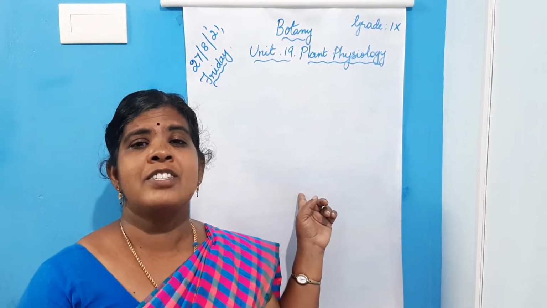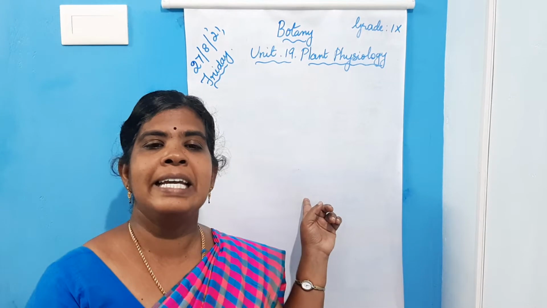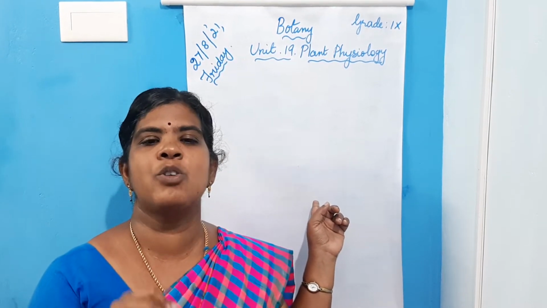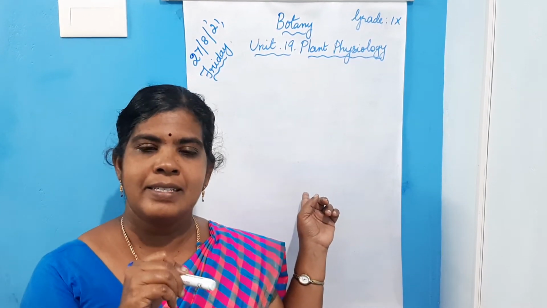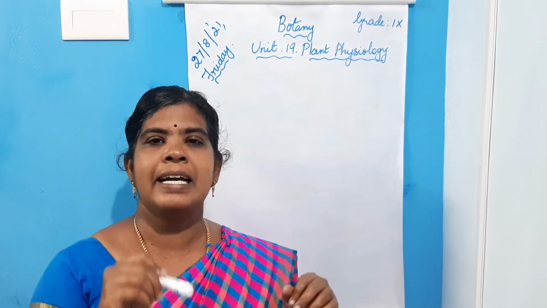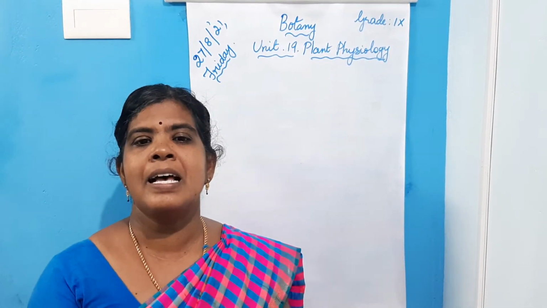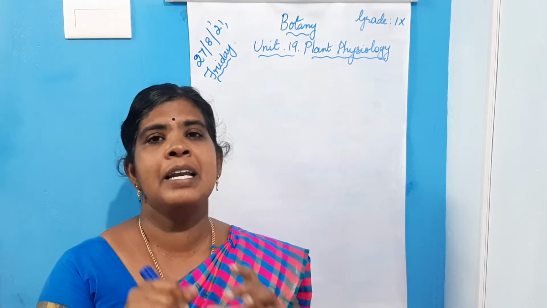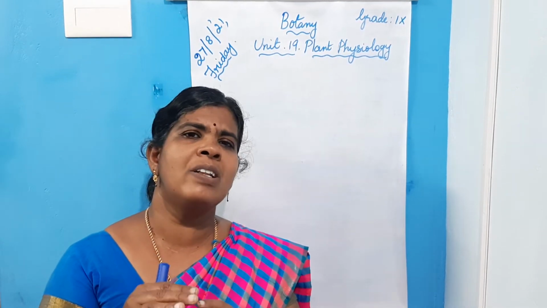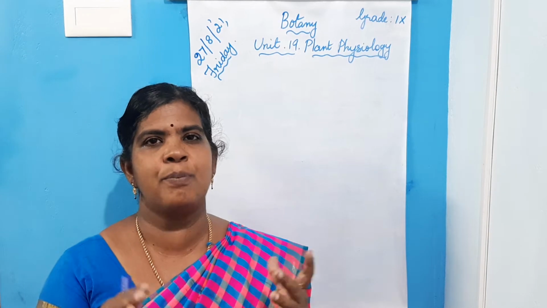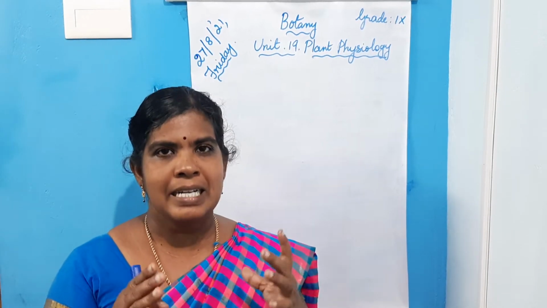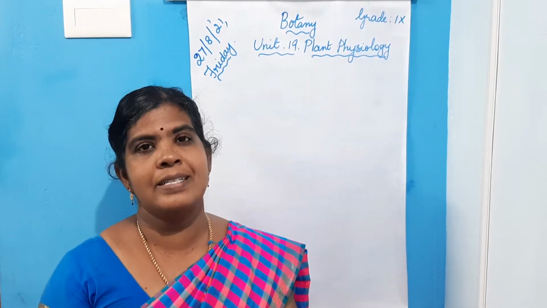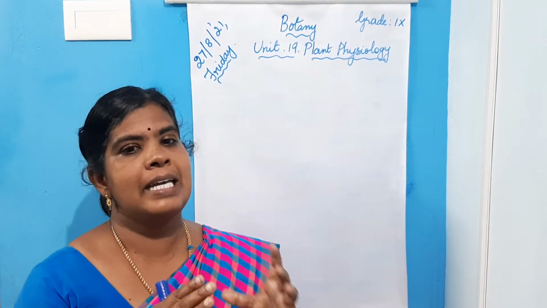Physiology is the study of all the internal activities of plants, that is, physical and chemical processes associated with life as they occur in plants, or the functional aspects of plants such as respiration, photosynthesis, transpiration, etc.